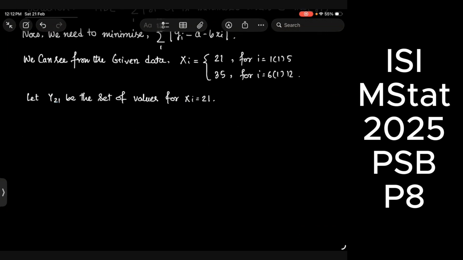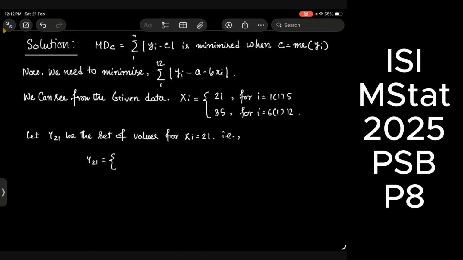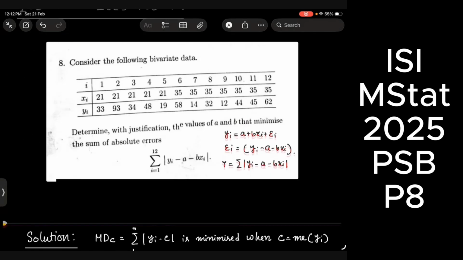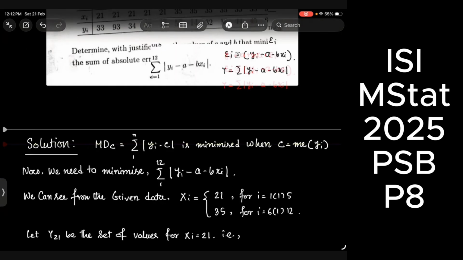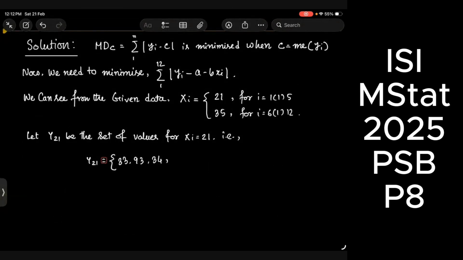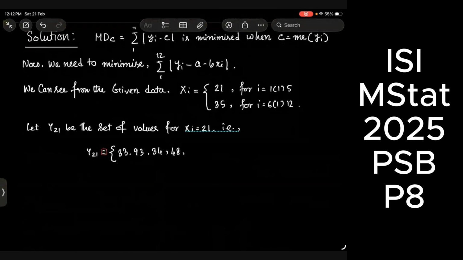That is, y21 equals, tell me, 33, 19, and so on.